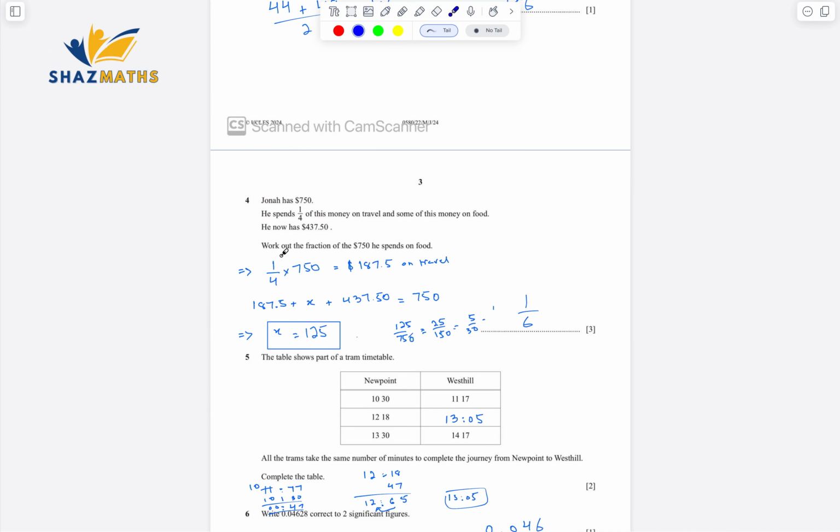So the fraction would be 125 divided by 750. If I simplify it, that's basically 1 by 6. So I'm going to say 1 over 6 here.